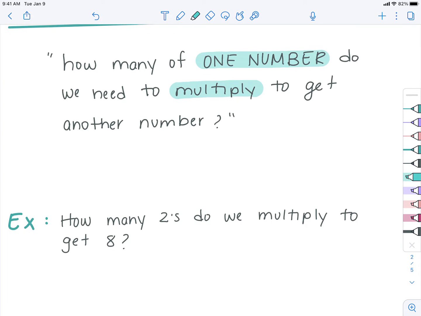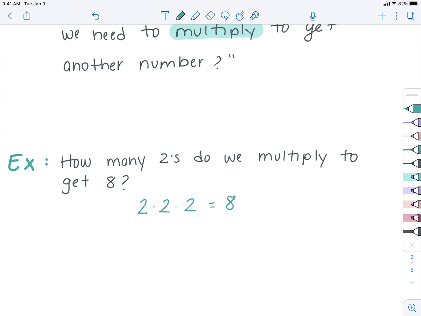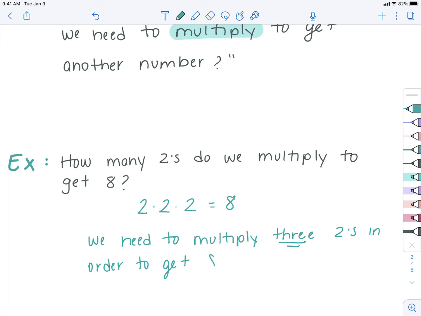If I asked you how many 2's we have to multiply to get 8, you would tell me 2 times 2 times 2 equals 8, or that we need to multiply 3 2's in order to get 8.